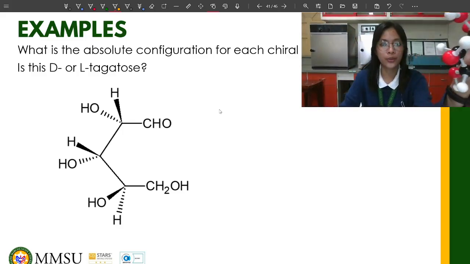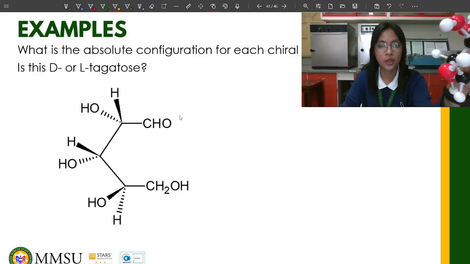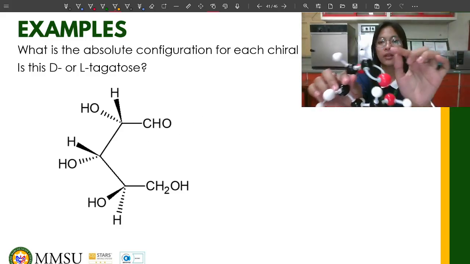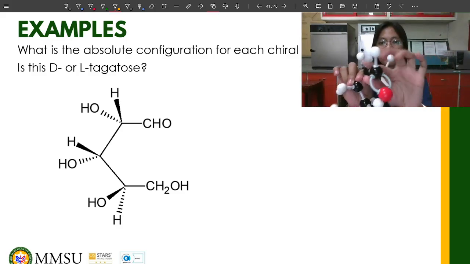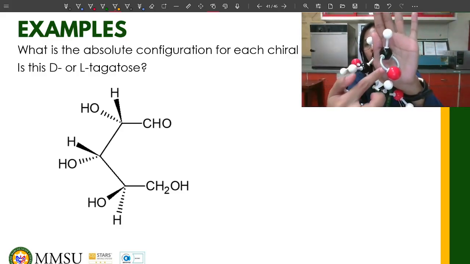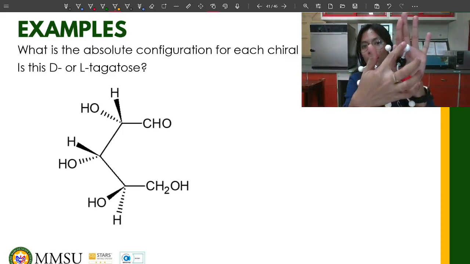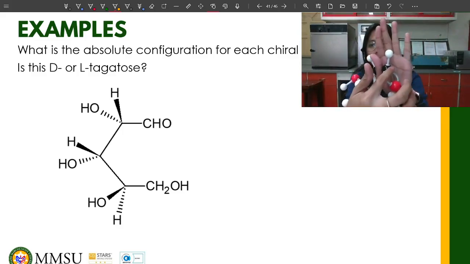First, I'll show you the carbons. We have here the C double bond O and then the hydrogen. So, this is the first carbon.